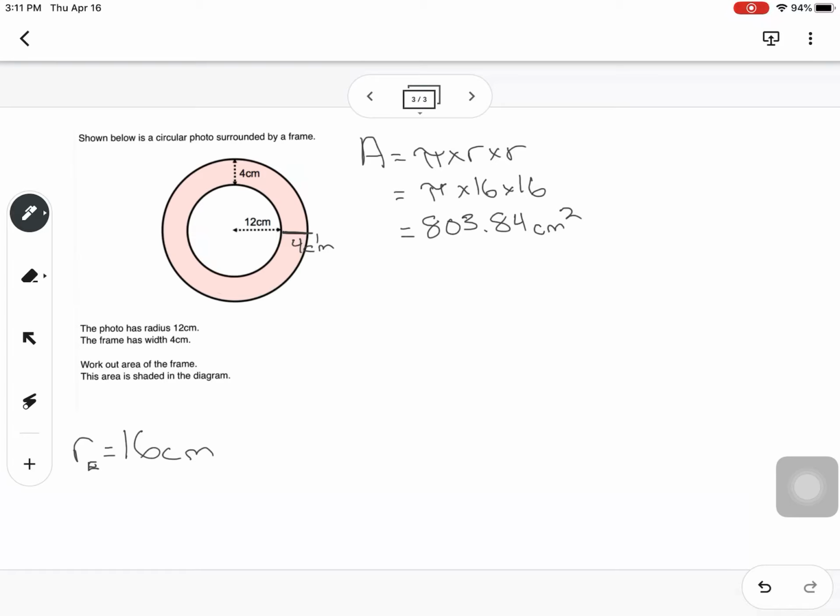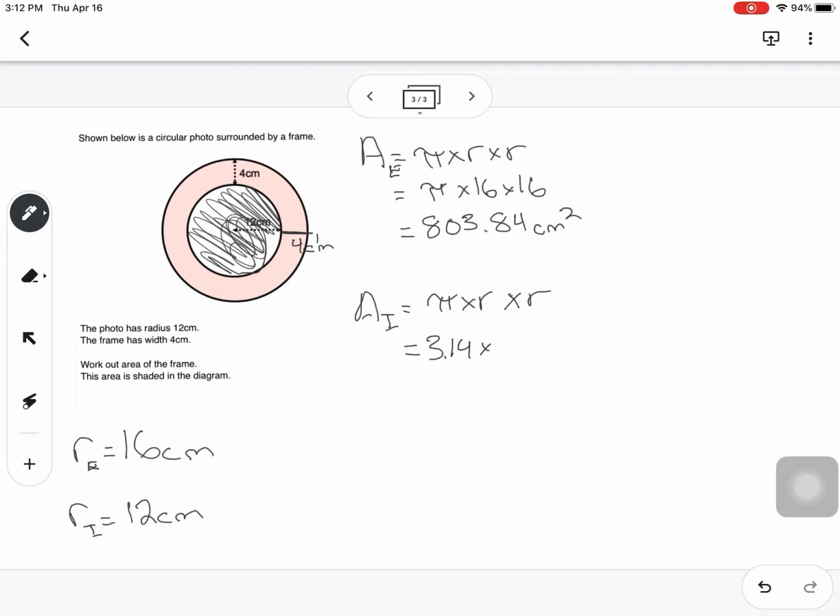So now let's find the area of just this inner circle here, this inside place with a radius of, yeah, you said it. So radius of inside is 12 centimeters. So area of inside circle is equal to pi times radius times radius, equals 3.14 times our radius of inside, which is 12 times 12.